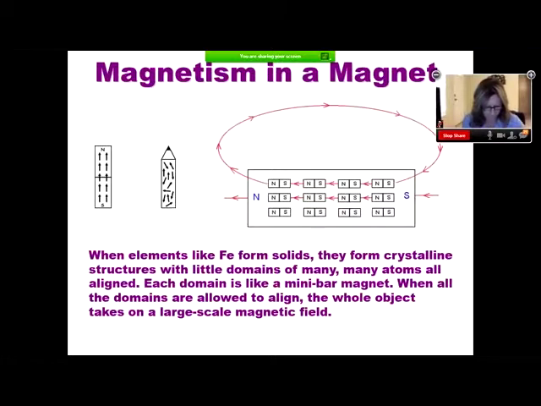And even if you have iron that isn't in a magnetic field when it cools, like a nail, for example, it has all these crystalline structures with little domains and many atoms all aligned magnetically with one another. You can then align all of those mini domains into one giant magnet in your nail by putting an external magnet outside of that nail and forcing those domains to line up. And then that's how you can get a bar magnet.